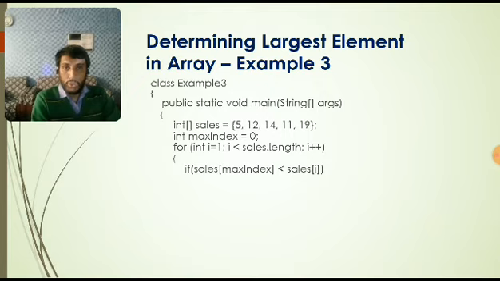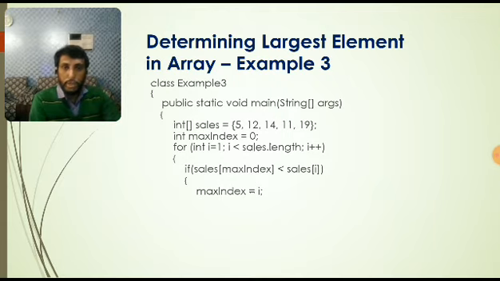If it is true, then the maximum will be updated. So the maximum, which was 0, became 5. And like this, 5 less than 12, yes, that is true, so the maximum will now be 12.